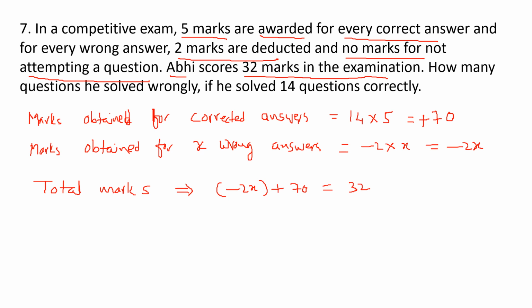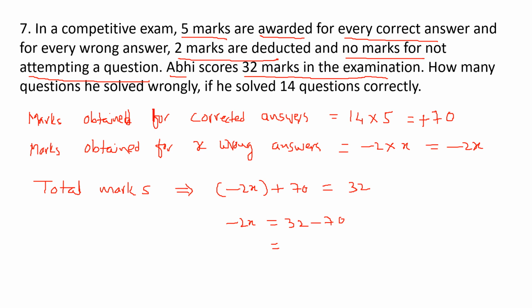From here I can calculate x. Let's try to calculate x here. So let me carry this 70 to the right side. I hope you have done this in 6th grade algebra. 32 minus 70. When plus 70 goes to the other side of the equal sign, it becomes -70.